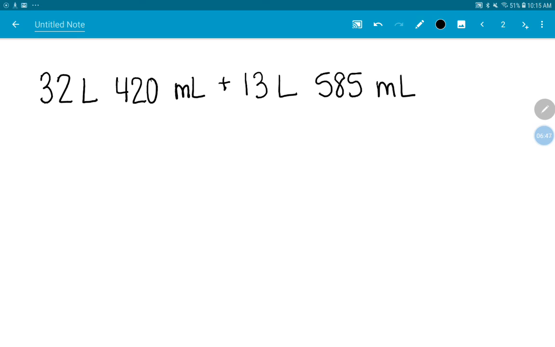On your work mat, I want you to solve that. 32 liters, 420 milliliters, plus 13 liters, 585 milliliters.